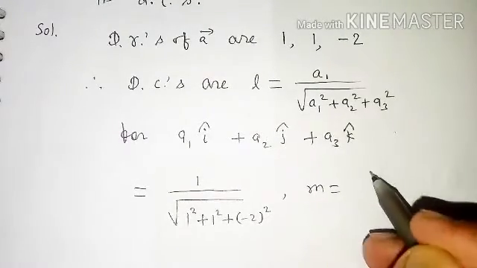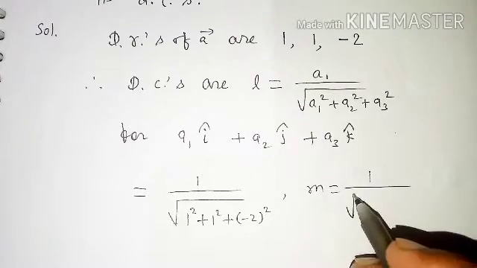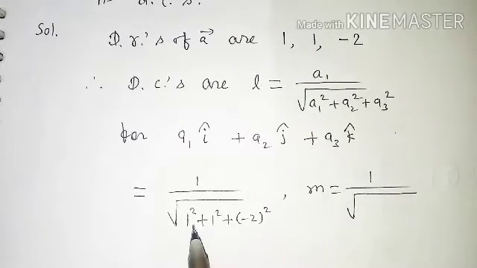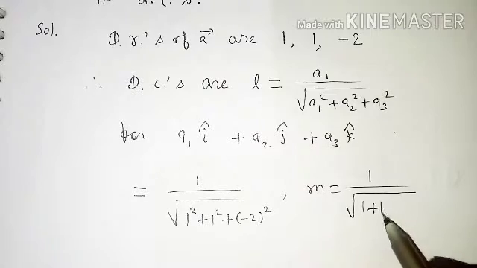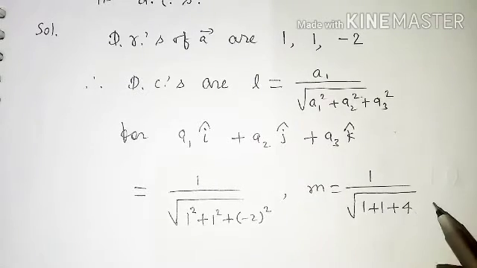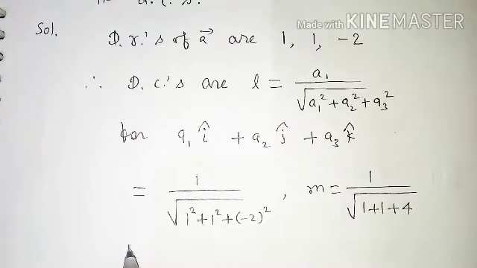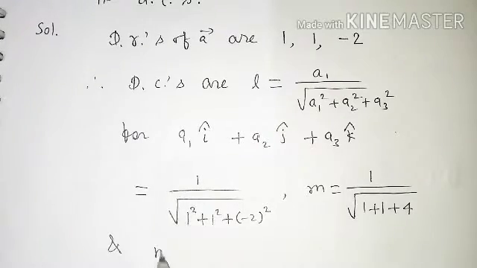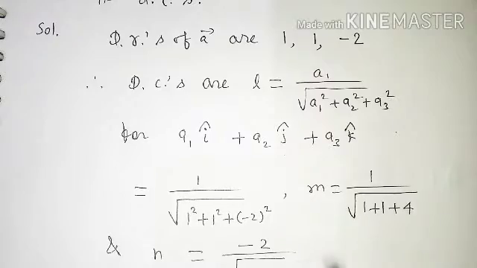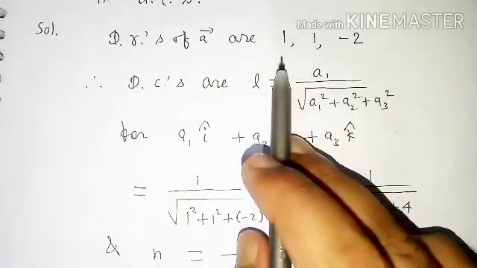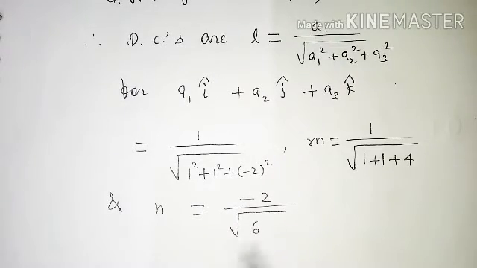M is A2 by square root of the same, 1 plus 1 plus 4, and n is equal to A3 by square root of A1 square plus A2 square plus A3 square, which is equal to 6.